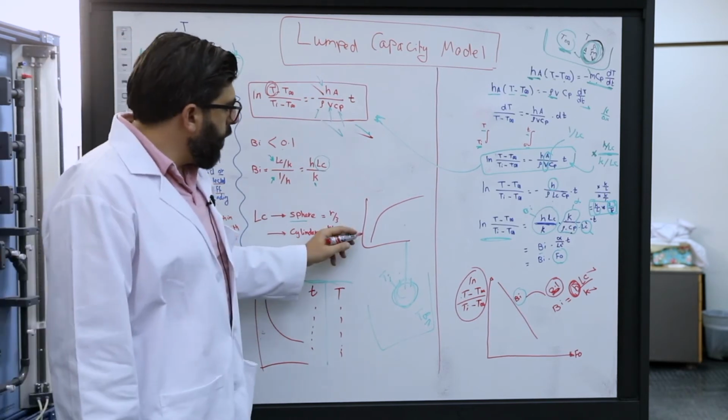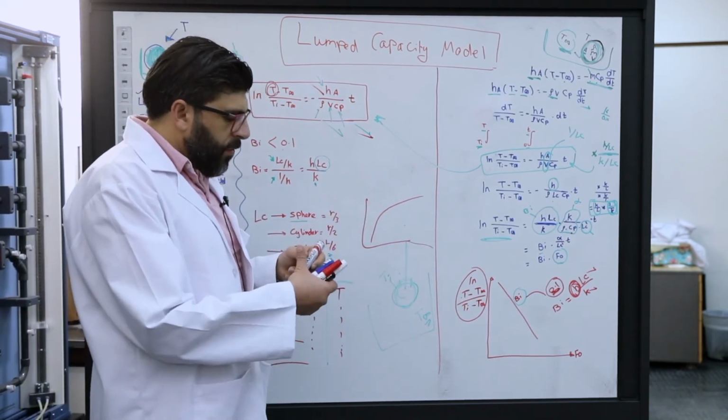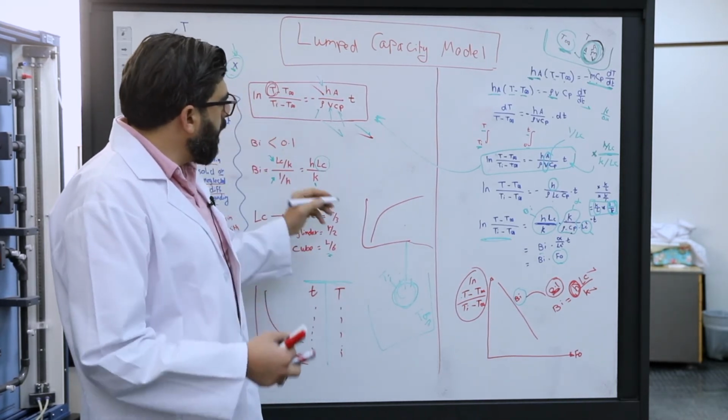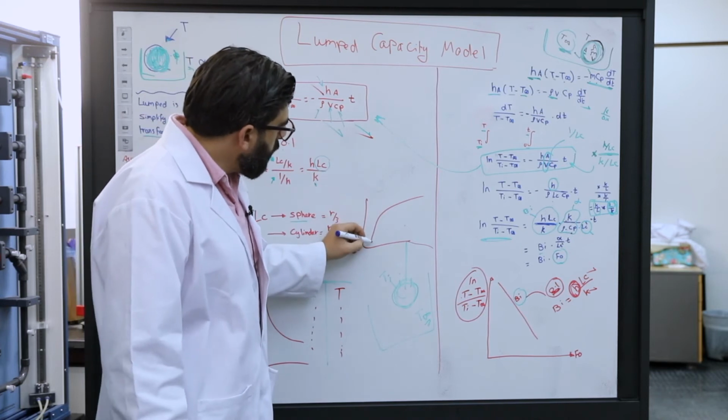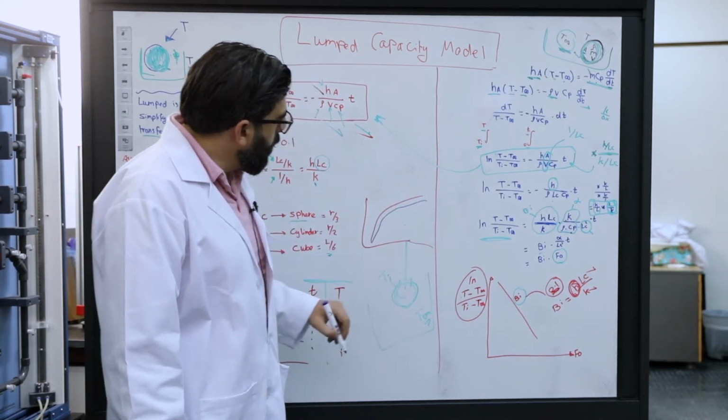So now you have the real experimental data, and then you can apply your own model based on the lumped model with the calculated H. This will be the theoretical model.